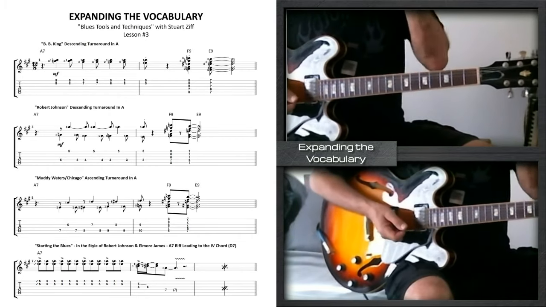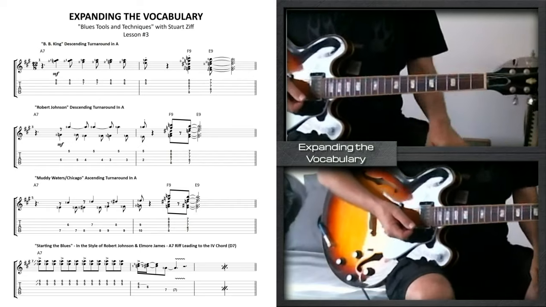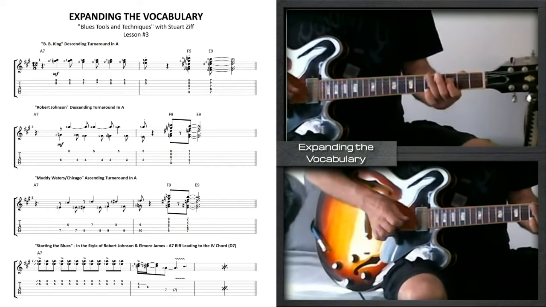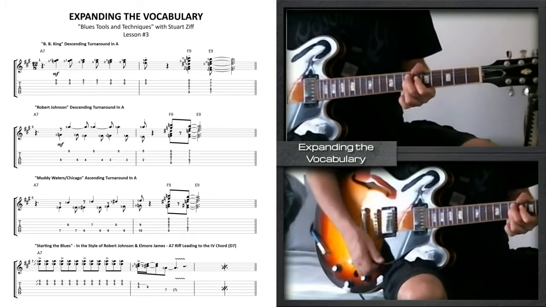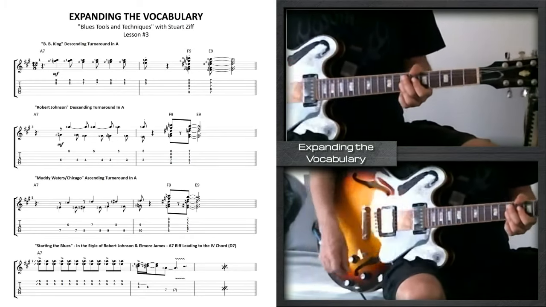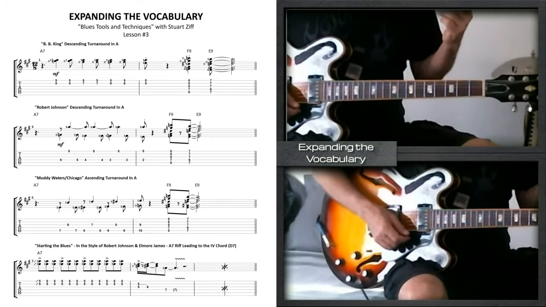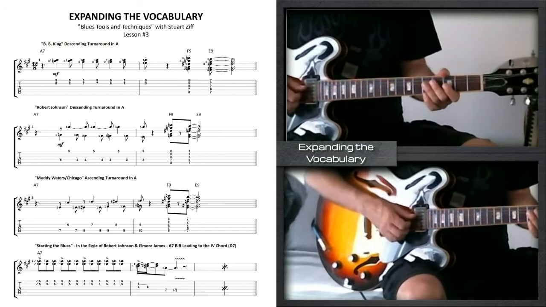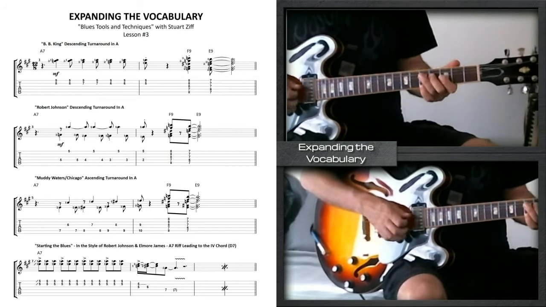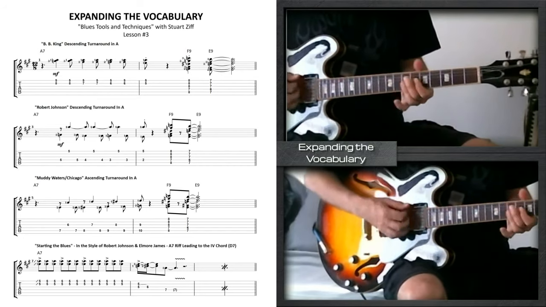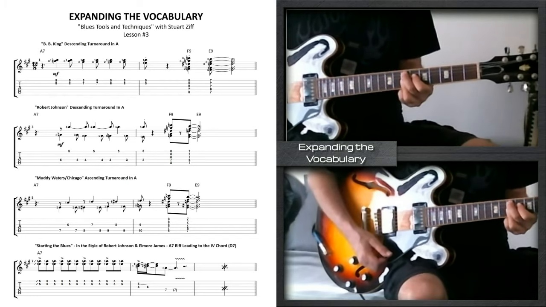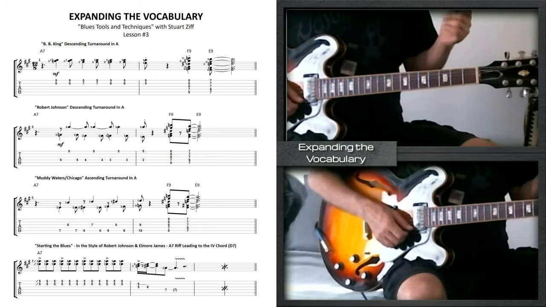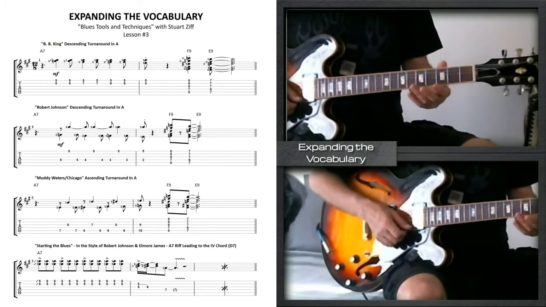Let's see if you can get a finger free to play that high A note. Let's play that one together. All right, 1, 2, 1, 2, 3, 4, 1. Let's play it again. 1, 2, 1, 2, 3, 4, 1.